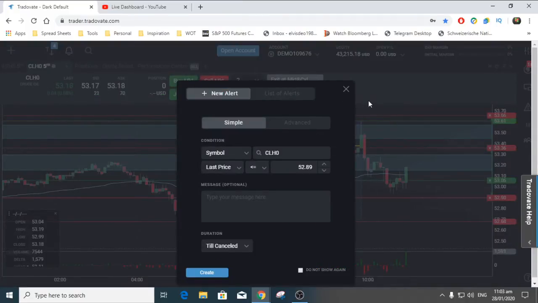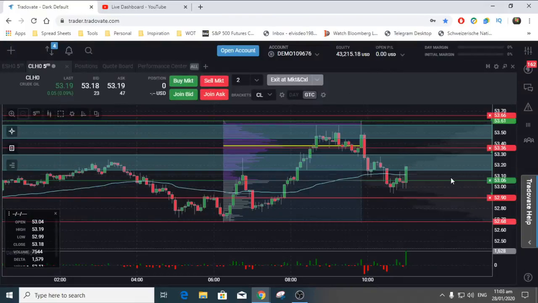That's what they're going at, 15 points per contract. So that's where you're looking at the actual value to exit. Always go one tick below.